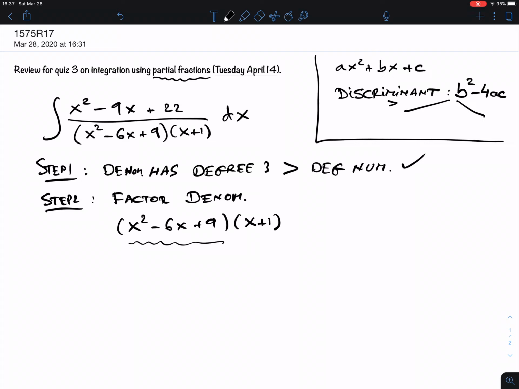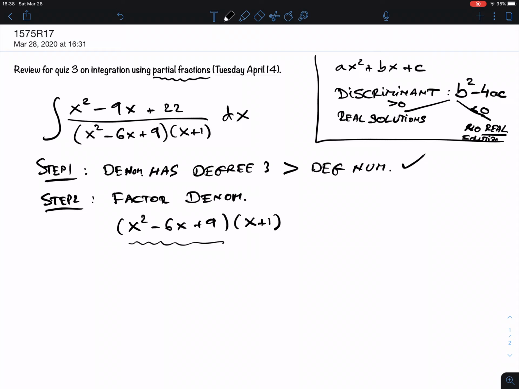Either this is positive, and therefore we have real solutions. Or the discriminant is negative, and that means, since it's underneath a radical sign, it would be the radical of a negative number. So here we have real solutions, and there, no real solutions.